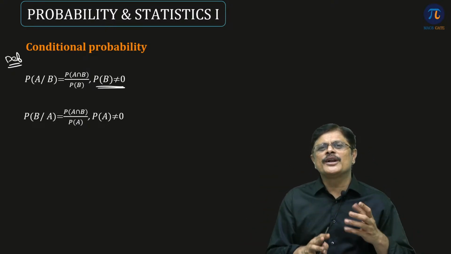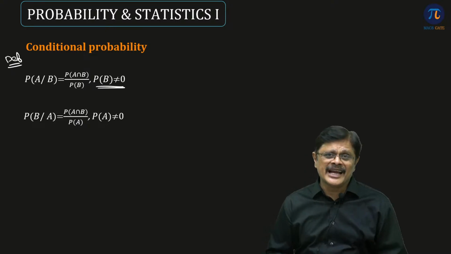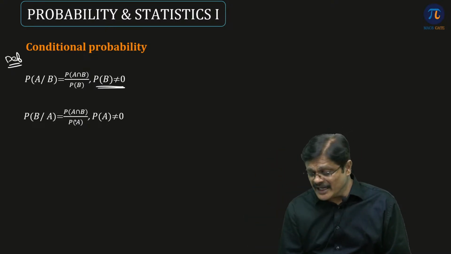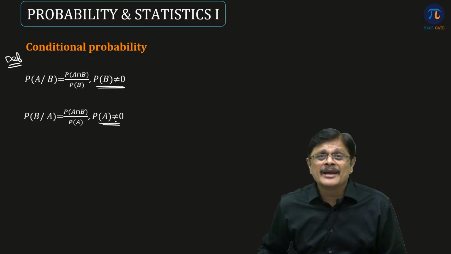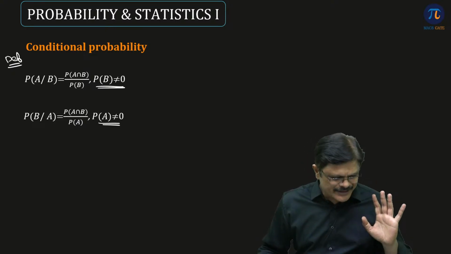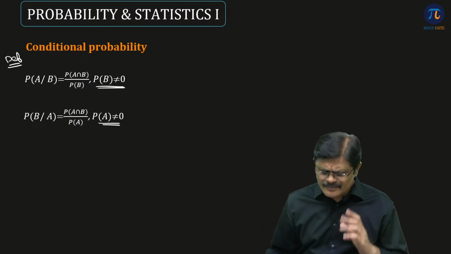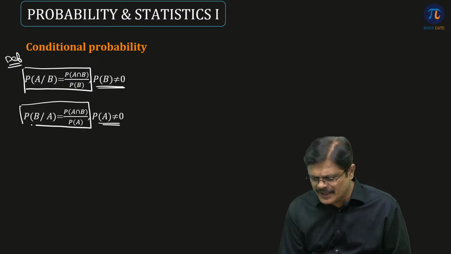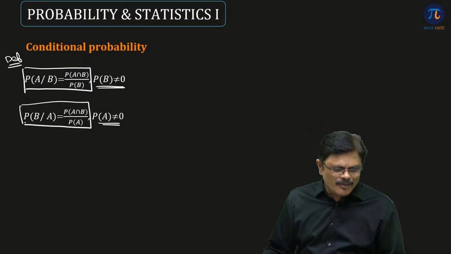So what is the probability of B when A has already happened? That is probability of A intersection B by probability of A. Here, A should be a possible event. It cannot be an impossible event. Please note that point. Am I clear? So this is the formula method, my dear friends, for finding conditional probability.